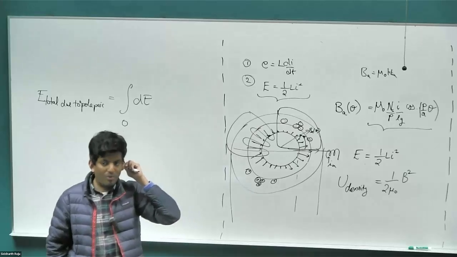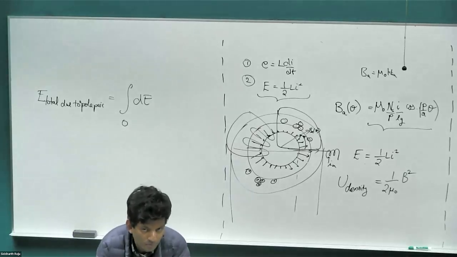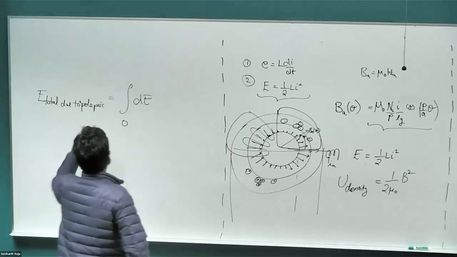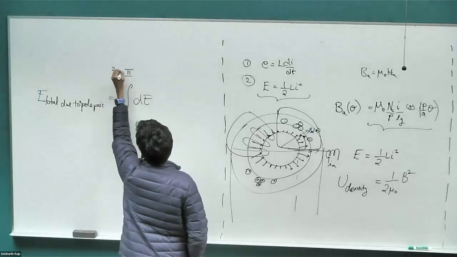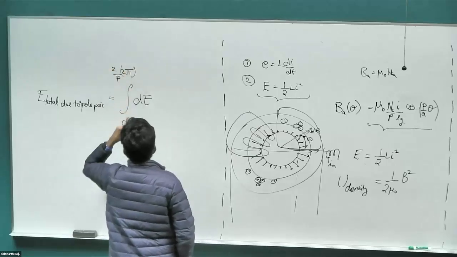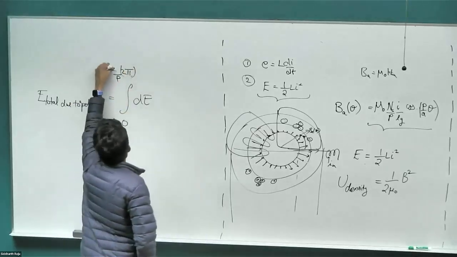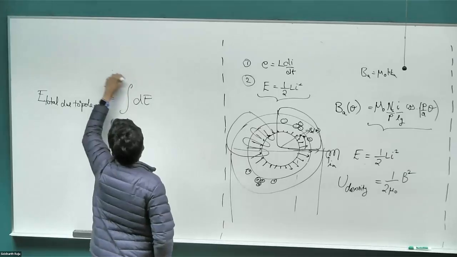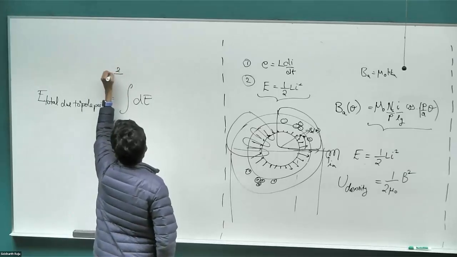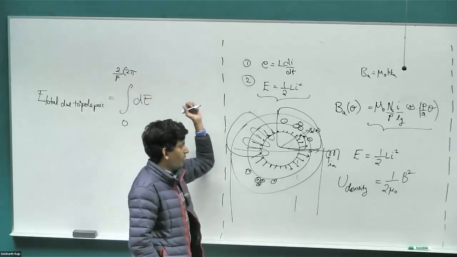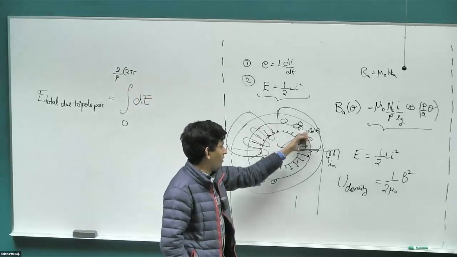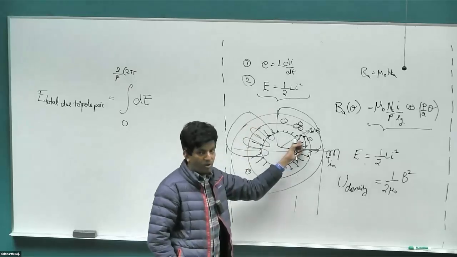What would be the limit, Lily? Pi by P. So pi divided by P. So let me write it as 2 by P times 2 pi. Yeah, that's right. Because when we had one phase, just the two-pole case, our whole area of integration would have been from 0 all the way to 2 pi.